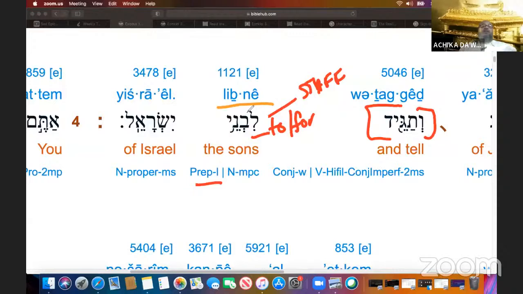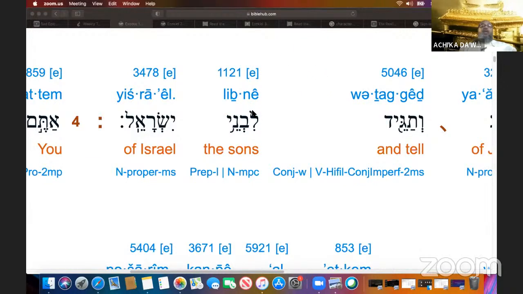So listen, the sons, you see here, that's bnei, the two dots in the yod. But remember, sons could be with the mem. So this is an example of a semikhut form. When you write this out, I need you to write it out where I'm telling them, livnei, or bnei.